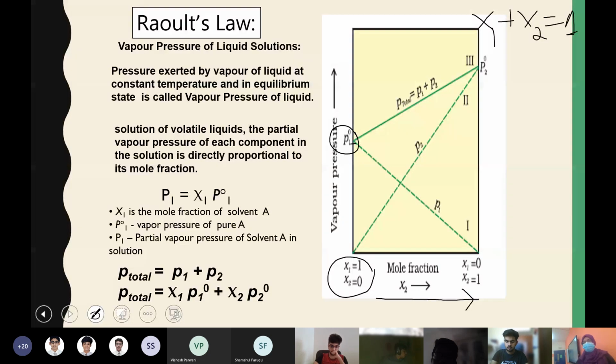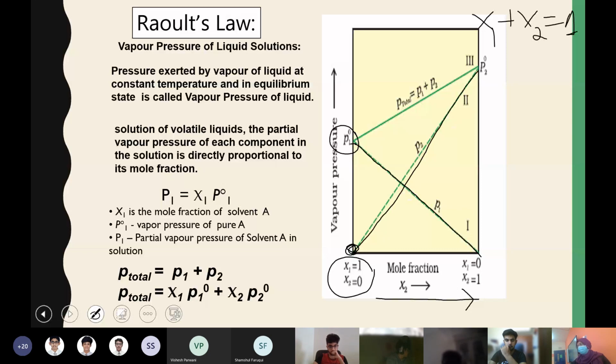So what is happening is that the vapor pressure P1 naught, the initial vapor pressure, is actually decreasing. At the same time, the value of P2, which was 0 in the beginning because there was no solute present, started increasing.